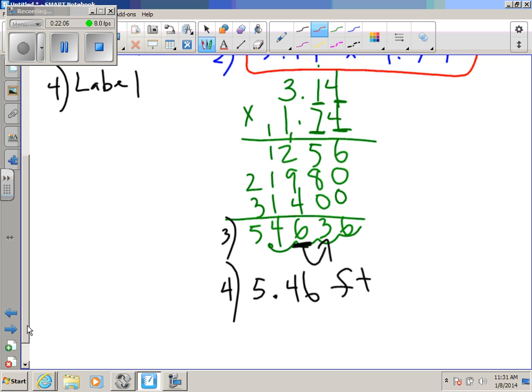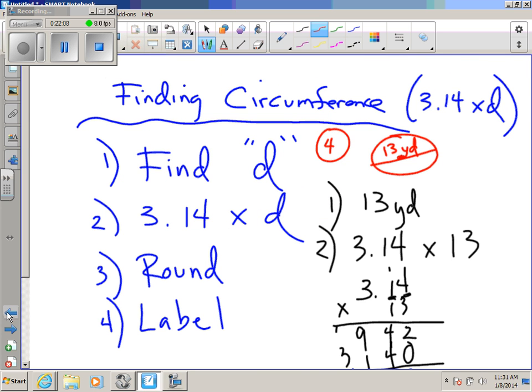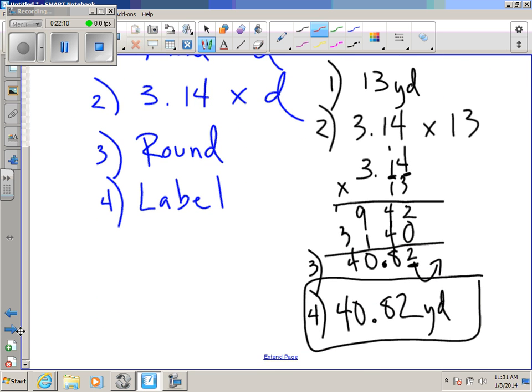If we go back and take a look at the other one, here I had 3.14 times 13. 3.14, I can round to 3. What's 3 times 13? 39. What do we get for an answer? 40.82, right? Close enough where it's not going to raise too many red flags.